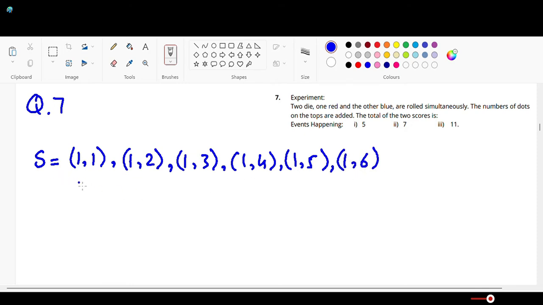We can also get 2 and 1, meaning 2 on the first and 1 on the second. Yes, it's a possibility. I know you didn't think so, but guess what?